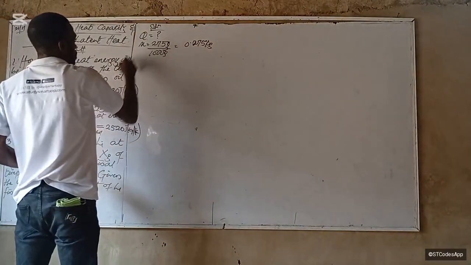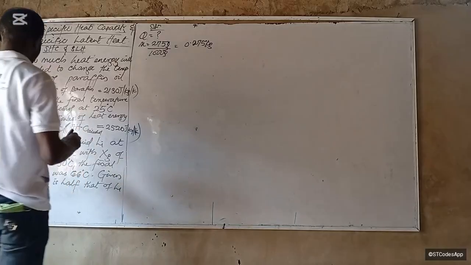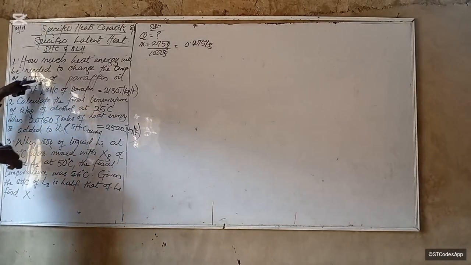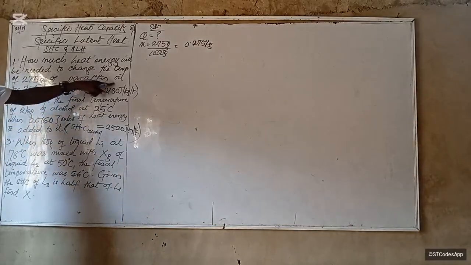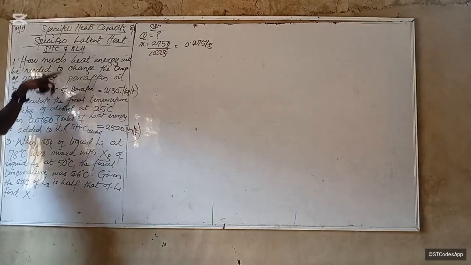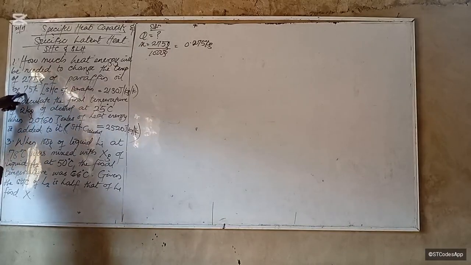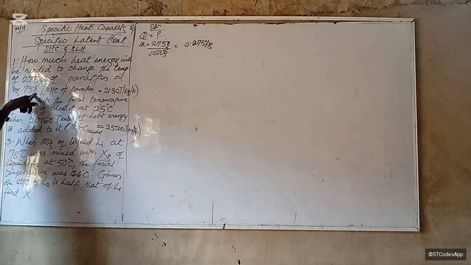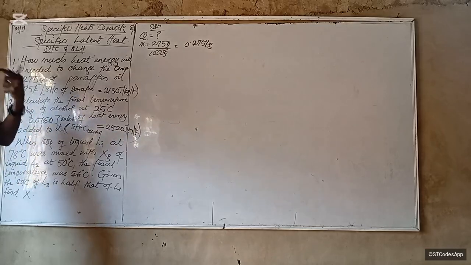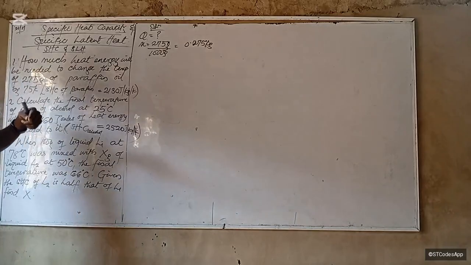Then it says to change the temperature of this mass of paraffin oil by 75 Kelvin. When you hear "by", that's the change in temperature.